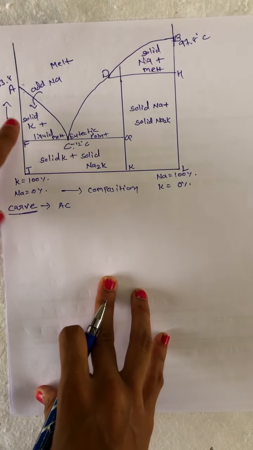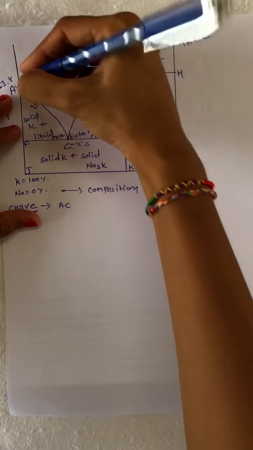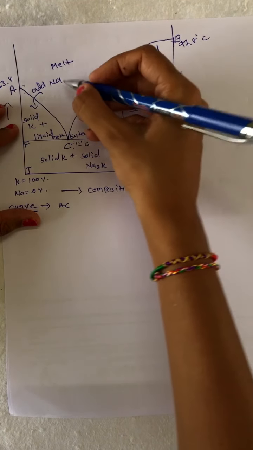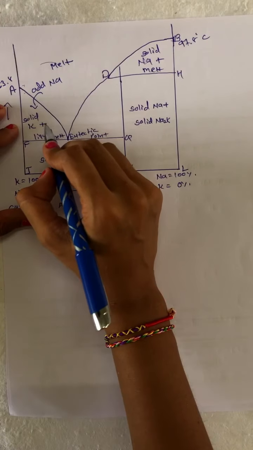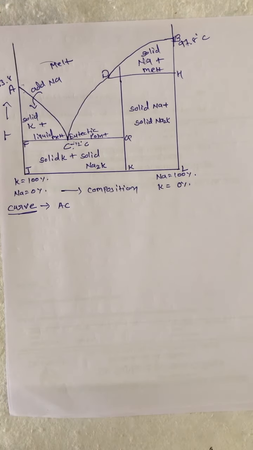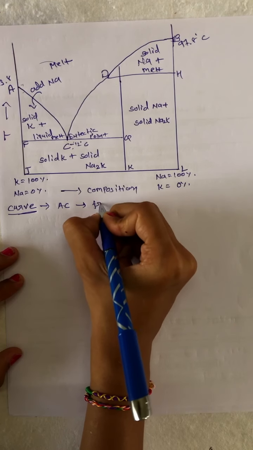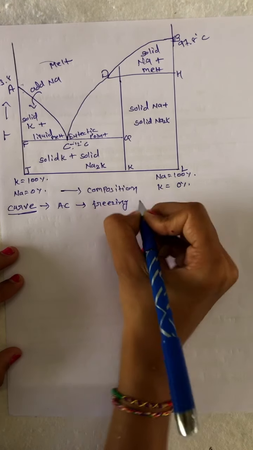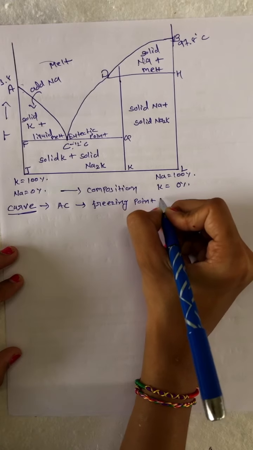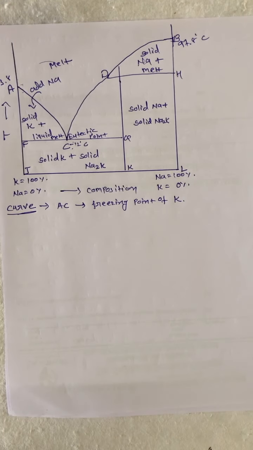So the melting point of potassium decreases slowly if we add Na to this potassium, right? So it is known as the freezing point curve of potassium, or you can say the melting curve of potassium. So curve AC is known as the freezing point of K, and this curve shows the lowering in the freezing point of potassium.